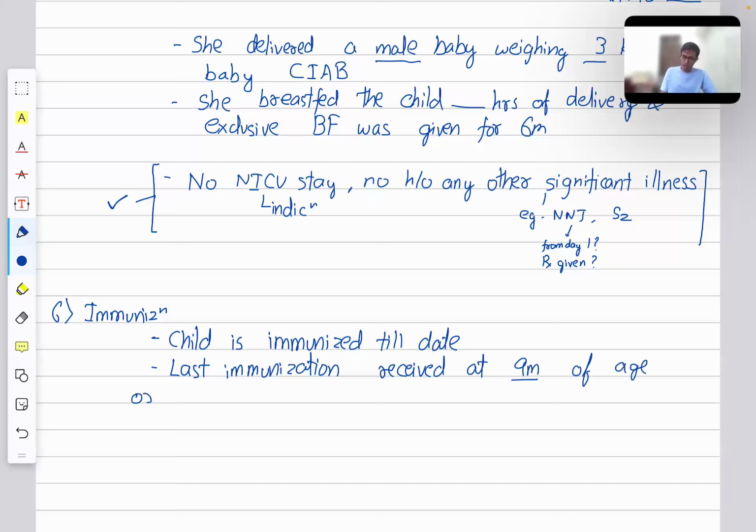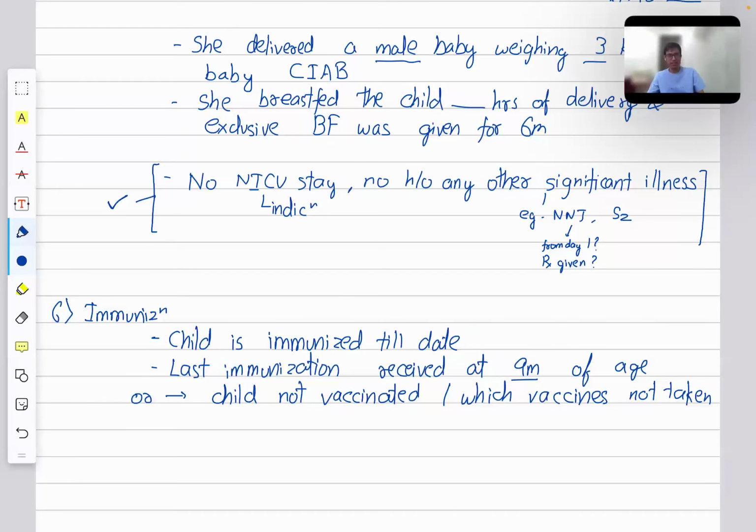Or it could be a case where the child is not vaccinated. Inquire specifically which vaccines were not taken. You don't need to have each and every vaccine written in your sheet with exact date.